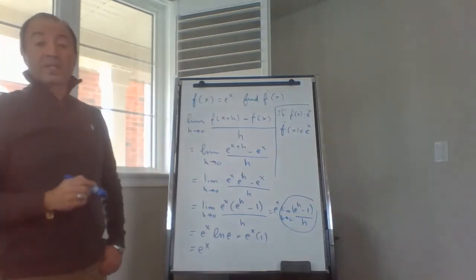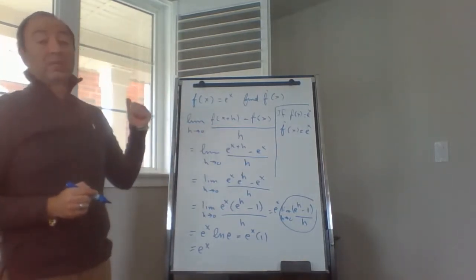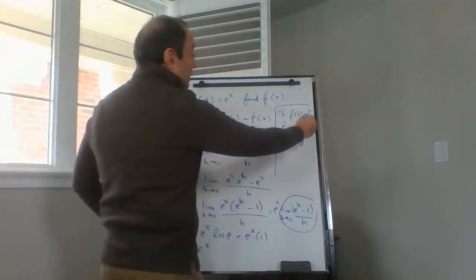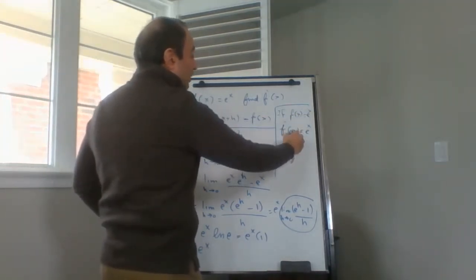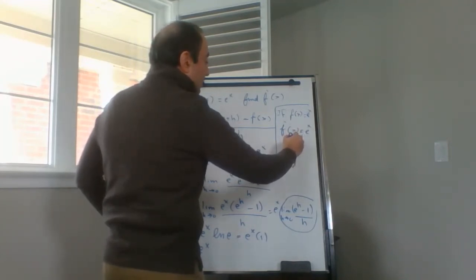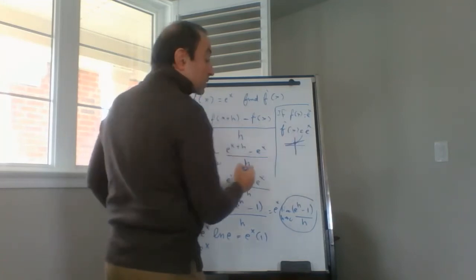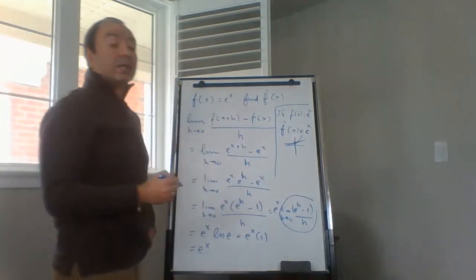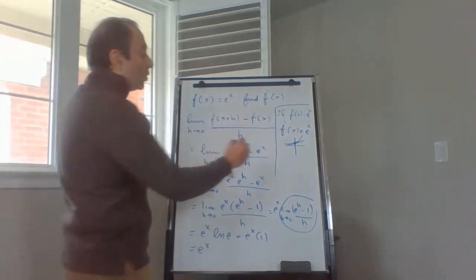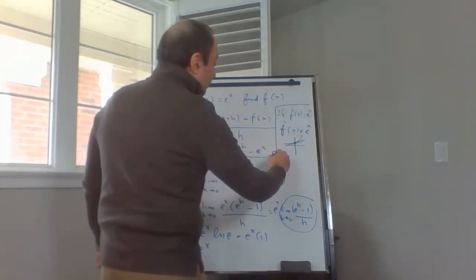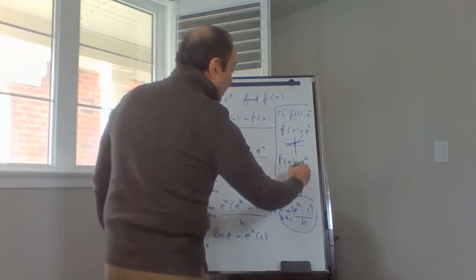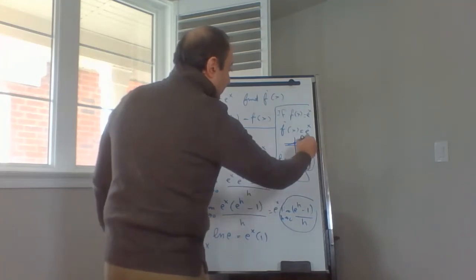And this makes sense, because in the first video, when we were talking about why e is important, we said that the slope of the tangent at x equals 0, at the y-intercept, will equal 1, and that the slope of the tangent is f prime at that number. So when x is 0, f prime of 0 equals e to the power of 0, which is 1, and that makes what we said in the last video true.